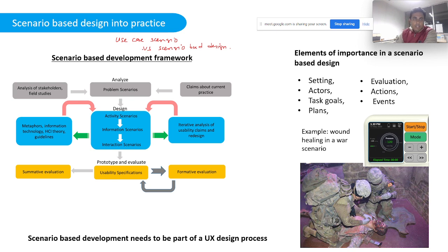Okay, so basically, use case scenario is more generic in nature. It talks about various user use scenarios of a particular application, and scenario based design is about defining a particular instance of a use case scenario.